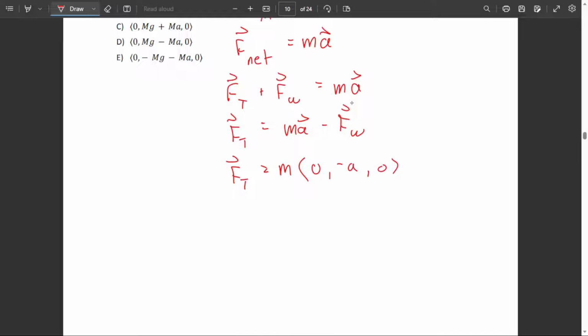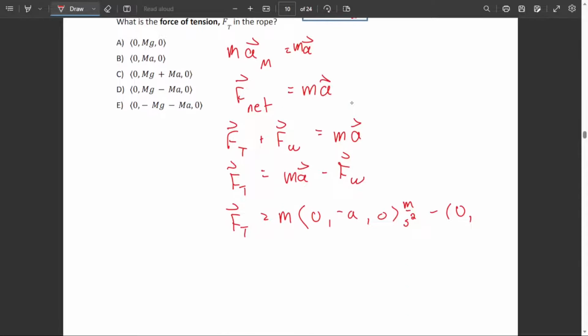Here, we have minus a because we're accelerating downward. I'm assuming up is positive, and it is only downward, not left or right or anything, so we only have a value in the middle. And then minus the force of weight, which is 0, negative mg, 0.